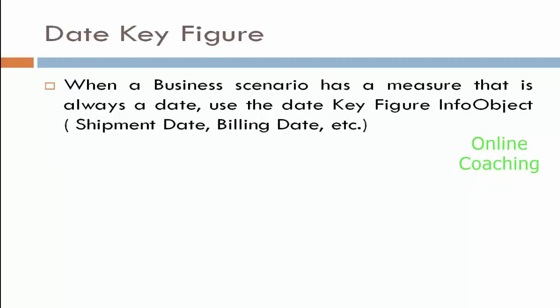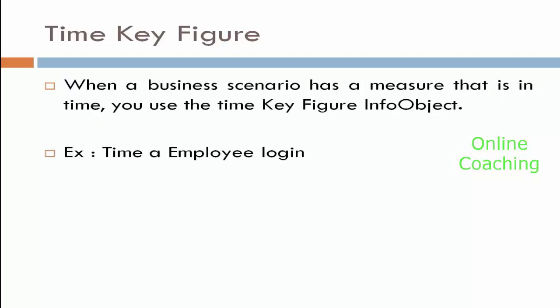Then date key figure: if I have a situation with a shipment date or billing date, then I need to create a date key figure. Time key figure: if you want to calculate your employee login time, I will create a time key figure. These are all the data types, guys.